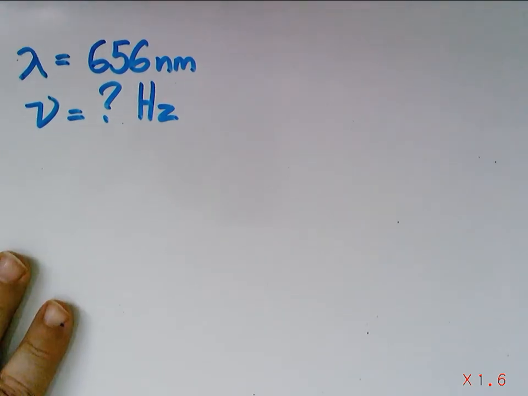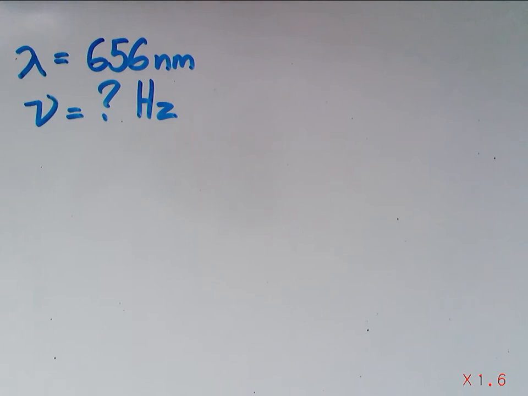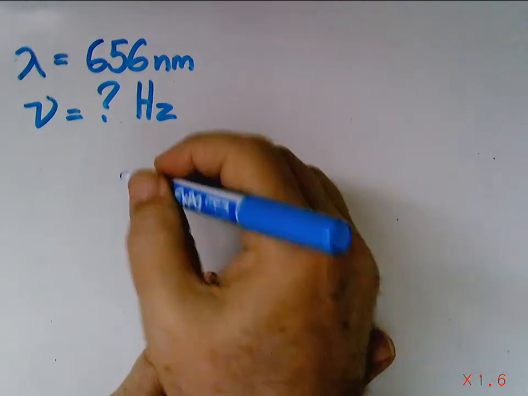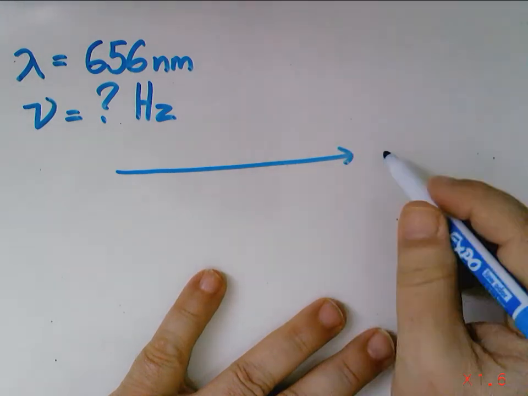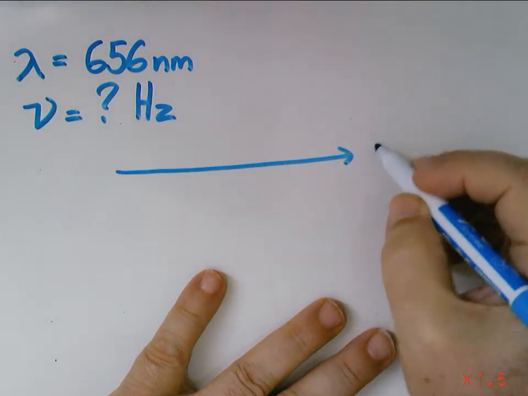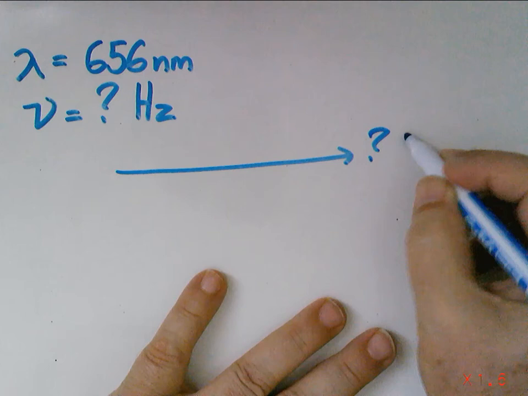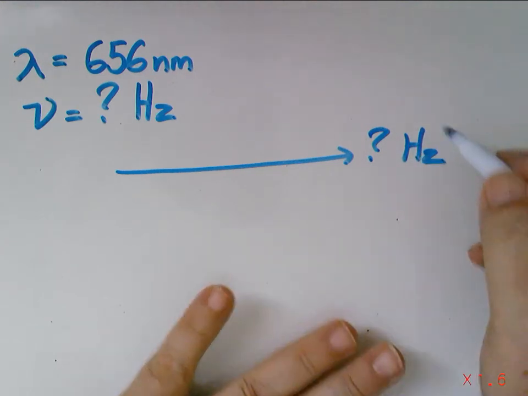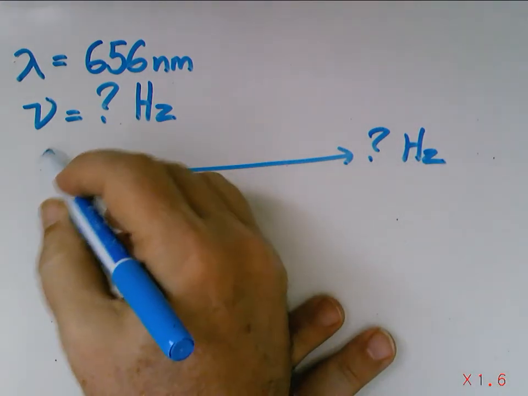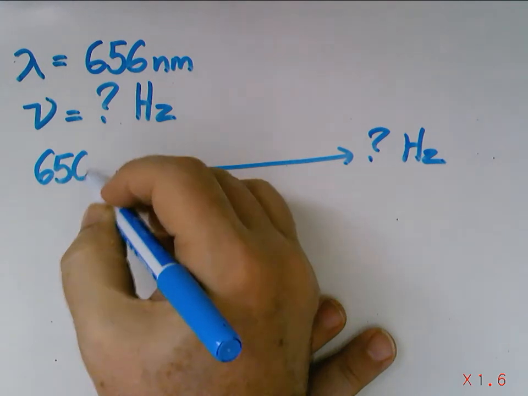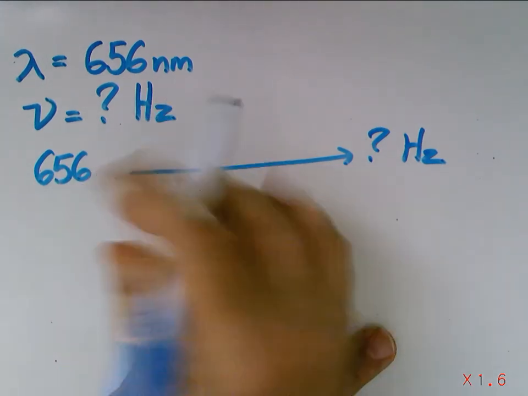Now, this isn't just a straightforward unit conversion. I have a little bit of algebra to do. I can write this down as a roadmap, though. I am trying to get a frequency in hertz, and I have a wavelength in nanometers.